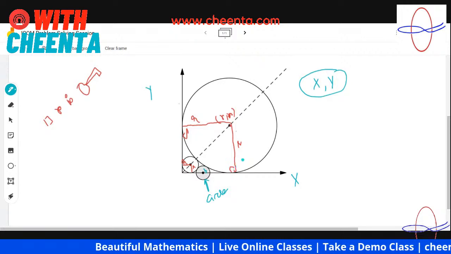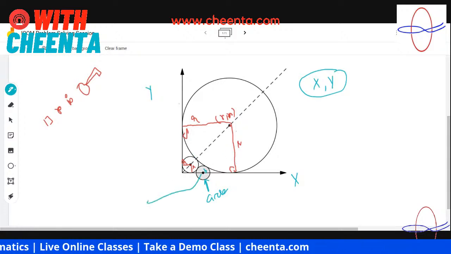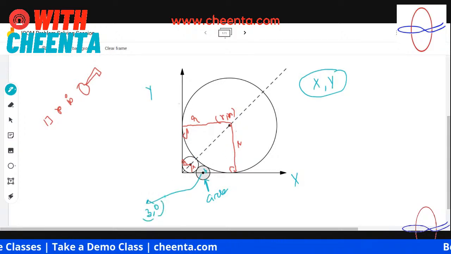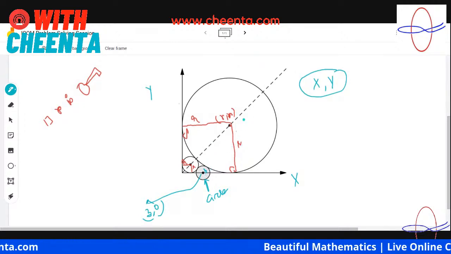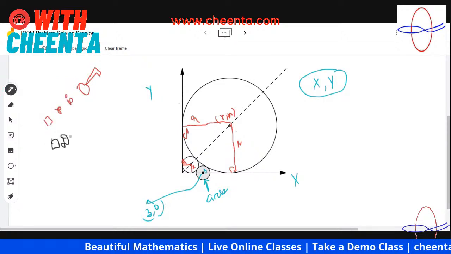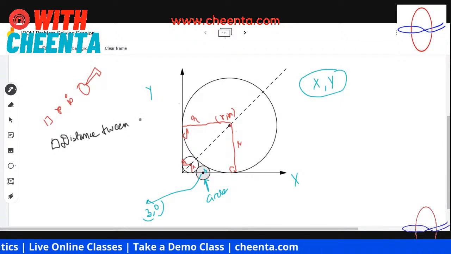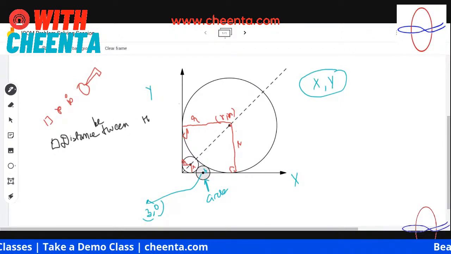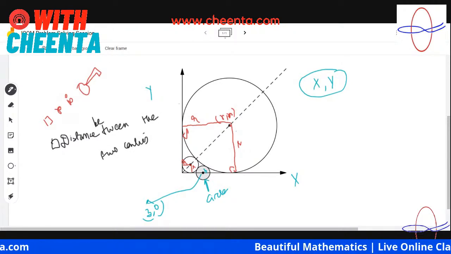What is the center? (3, 0). Okay, and what is this center? (r, r). Can someone tell me what is the distance between the two centers? The next hint is the distance between the two centers.